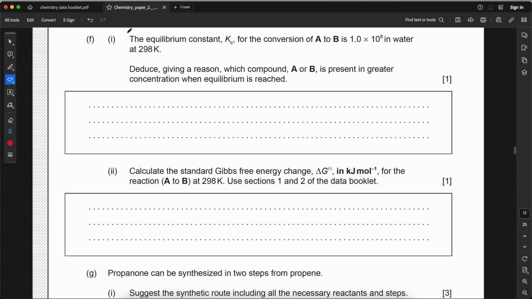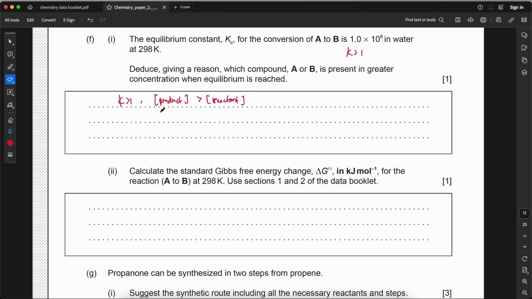The equilibrium constant Kc for the conversion A to B is 1 times 10 to the power 8. So K is bigger than 1. Deduce giving a reason which compound A or B is present in a greater concentration when equilibrium is reached. So Kc, if it's bigger than 1, it means concentration of product is bigger than concentration of reactant.